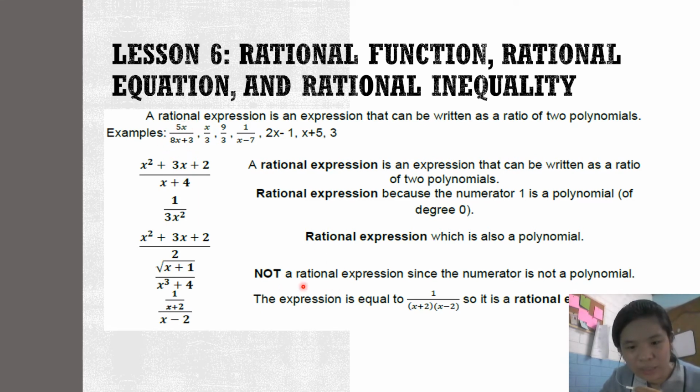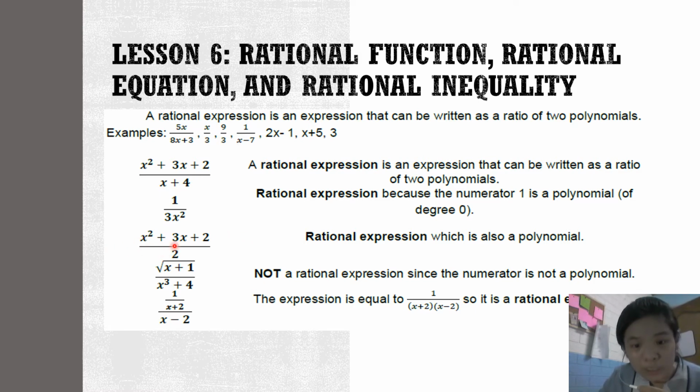So, not a rational expression naman. So, wait lang. Ulitin natin. Rational expression to because it's a ratio of two polynomials. Still, rational expression to because the numerator 1 is a polynomial. A constant is a polynomial. How about this? Rational expression siya because this is a polynomial.